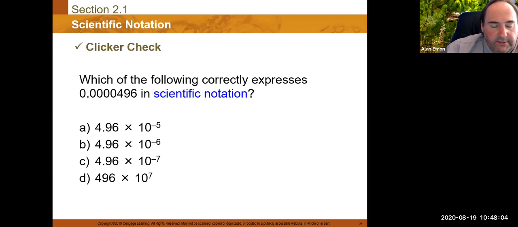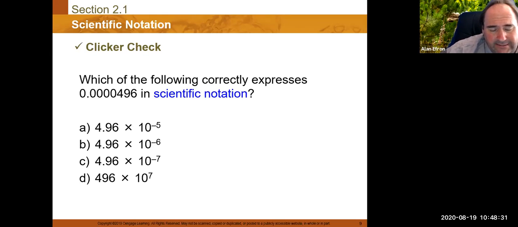All right. So looking at this one, take a second and see which one you think it will come up to. All right, so again, here we have a smaller number.